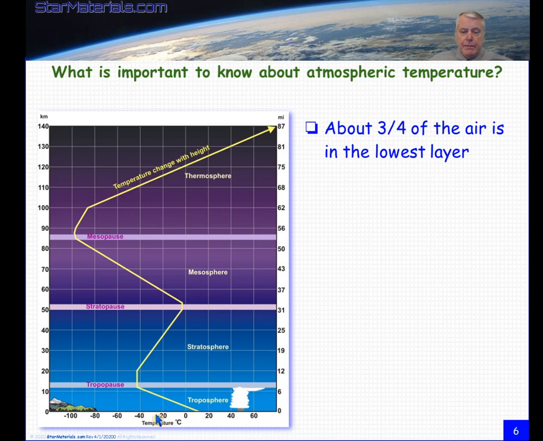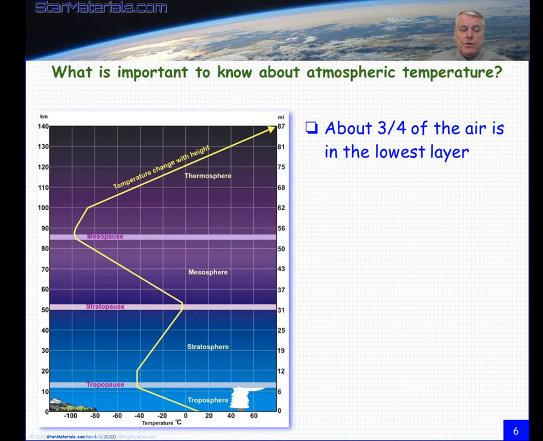As you go up from the surface of the Earth, eventually you're going to get to space where there is very little, if any, air molecules. So about 3/4 of the air that we have on the planet is in the troposphere, 6-7 miles up.